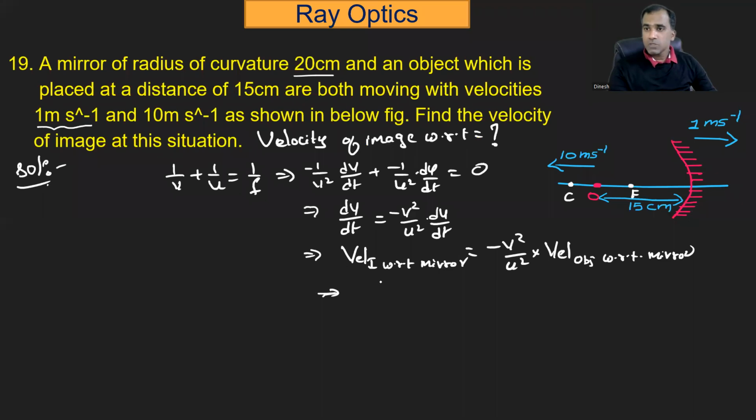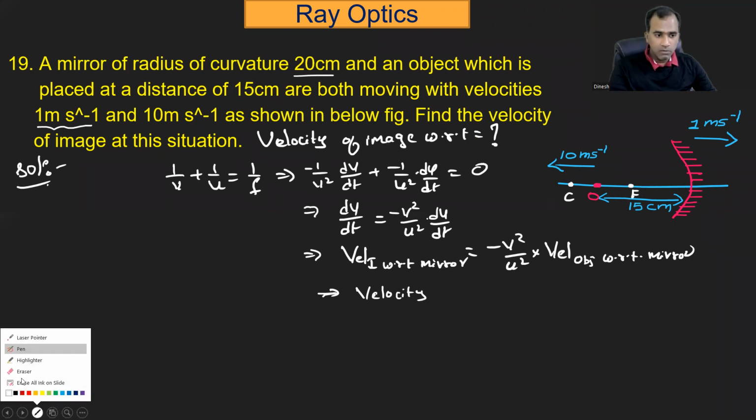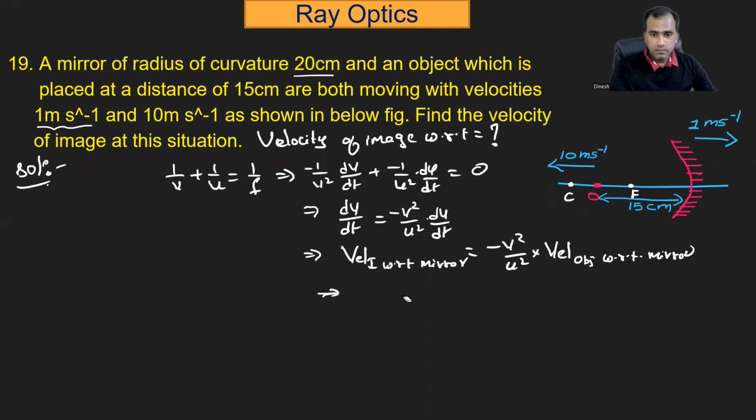So velocity of image with respect to mirror, we can write it as velocity of image with respect to ground minus velocity of mirror with respect to ground.